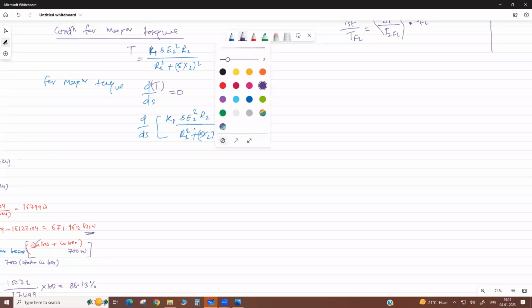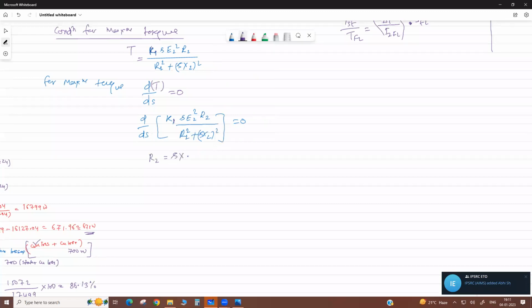Then the final condition we get: rotor resistance equals slip times of rotor reactance. So this is the condition for maximum torque.